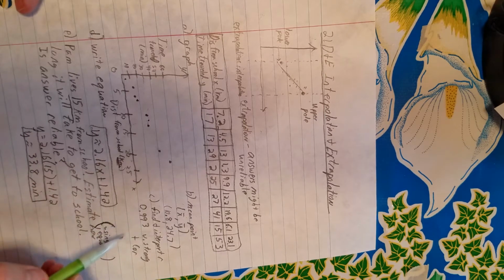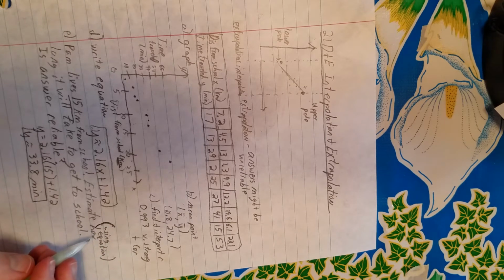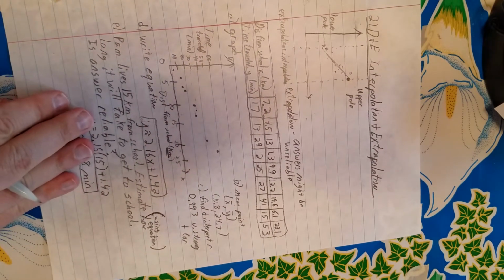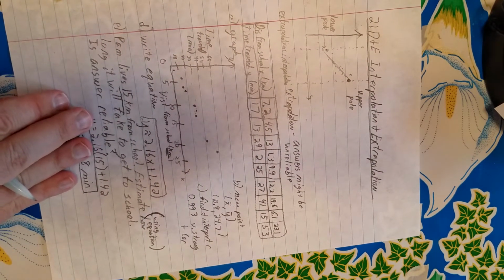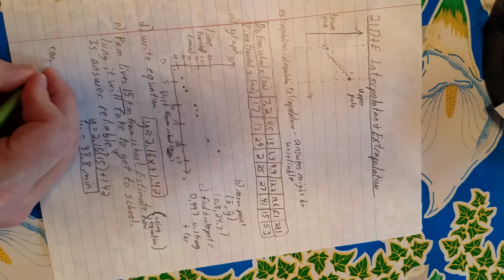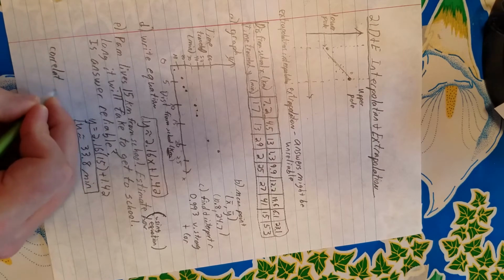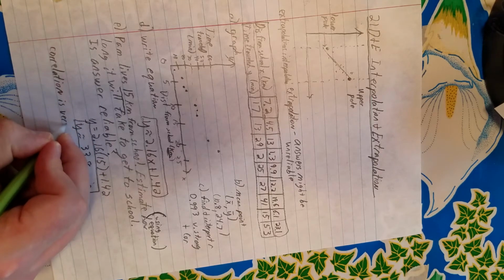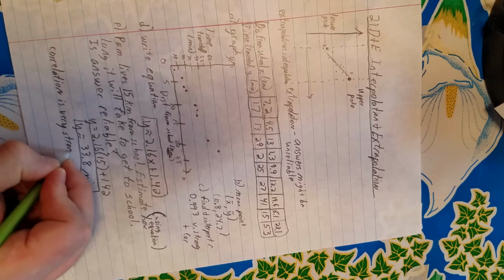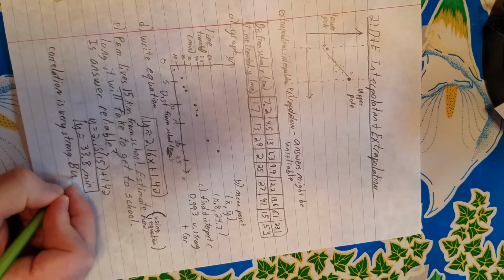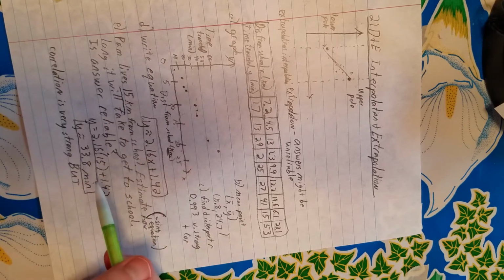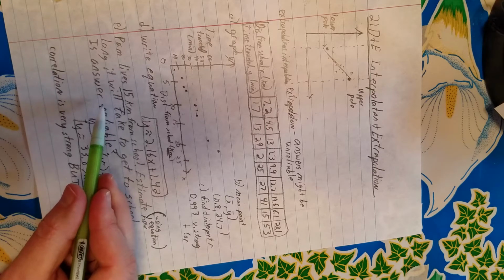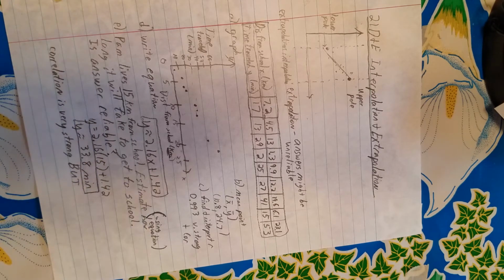The correlation says that it is, all right? So the correlation is very strong, but if we look at 15 kilometers, whoops, I was thinking this was a different example.